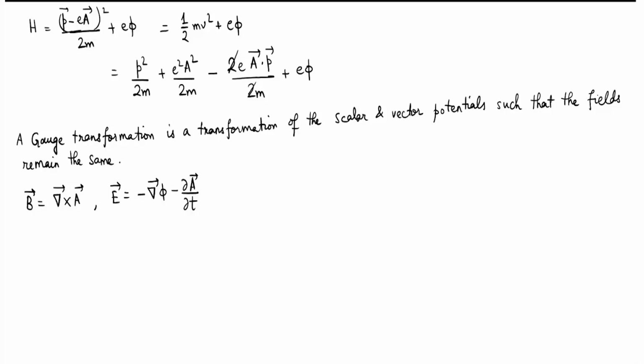So let us take a function lambda, which is some function of r vector and t, basically x, y, z, t.